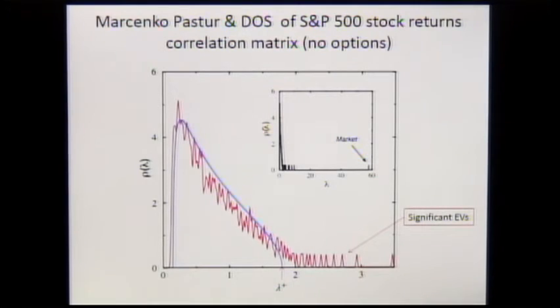So here's a picture of the spectrum, the density of states of the S&P 500, and here is the Marchenko-Pastur distribution. If you've lived around New York for a while, you've probably seen this picture. These are what we call the significant eigenvalues, and this is what we call the noise spectrum. So the idea is you chop this off at lambda plus, you have the number of significant eigenvalues, and then you model the rest as residual noise.